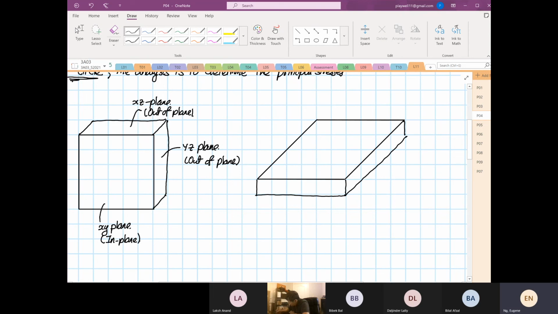So this surface over here, which is our XZ plane, because of the bigger surface area, is known as the in plane. And this is our XY plane, and this is out of plane.